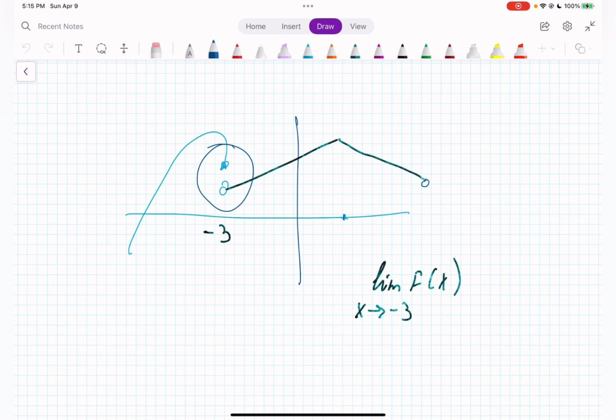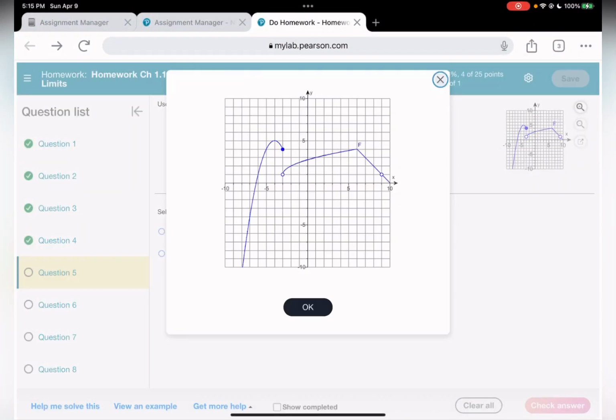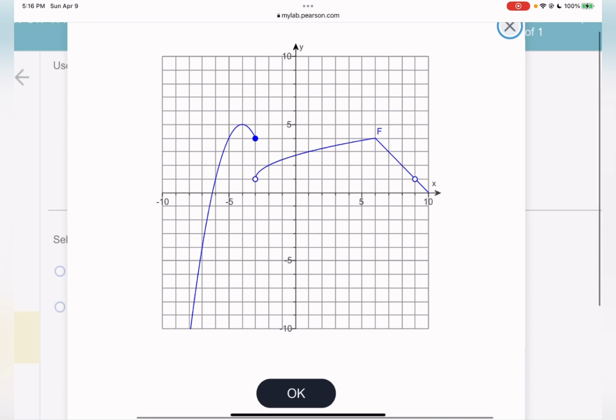If I take the limit of f of x as x approaches negative 3 from the negative side, it's on this graph, right? On the negative side, the point is going to be here. So if you look on the graph, how much are we getting for negative 3? I'm getting 4.